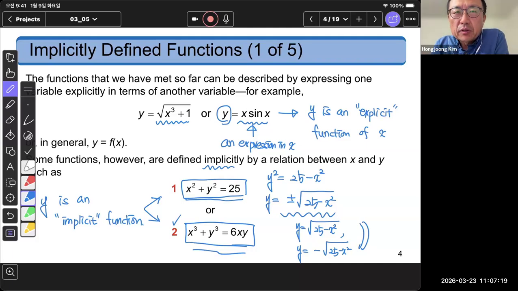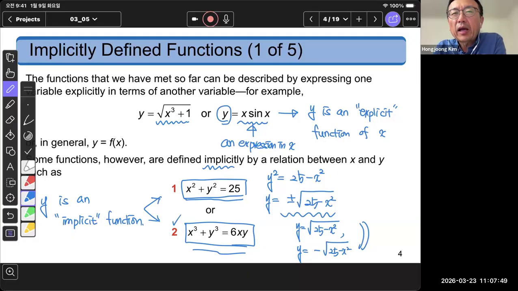But why do we consider the differentiation? We want to find the instantaneous rate of change of a certain function with respect to another variable, right? So given this implicit relation between x and y as in equation 1 or 2, if we want to find the instantaneous rate of change of the variable y in terms of x, then we need to consider some differentiation.